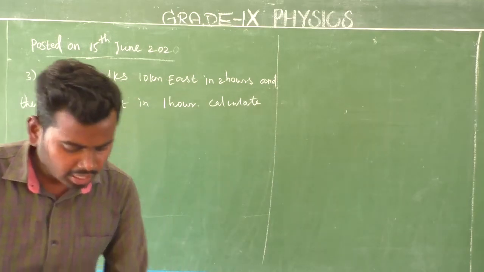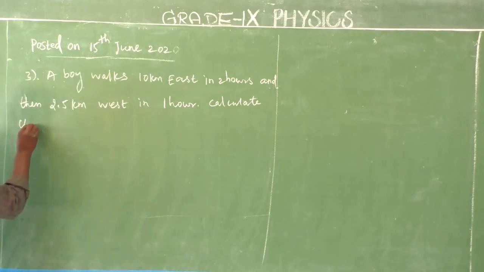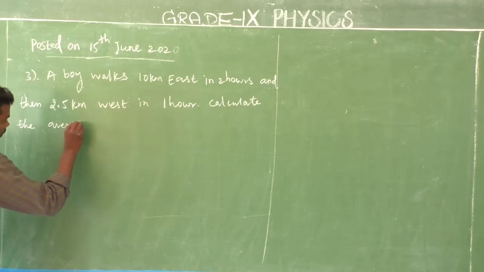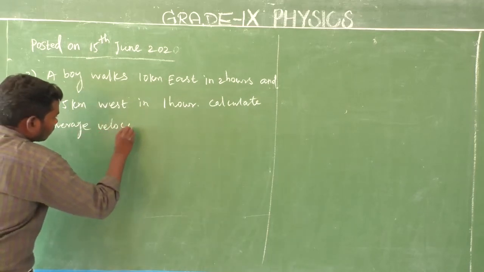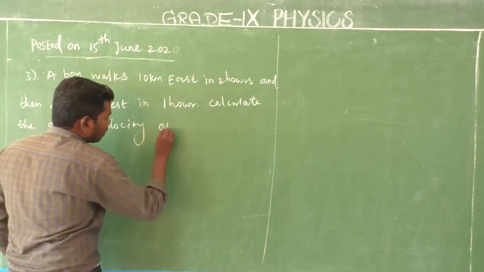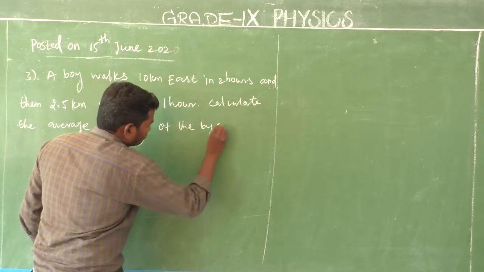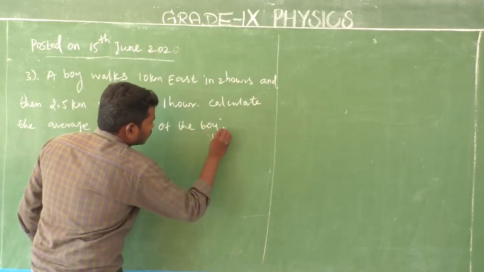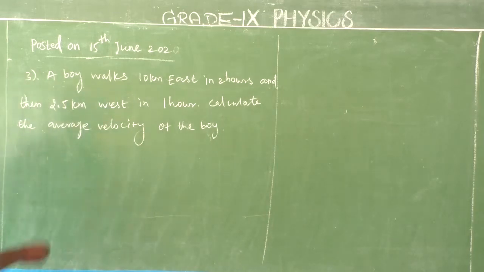Calculate the average velocity of the boy. This is the question.